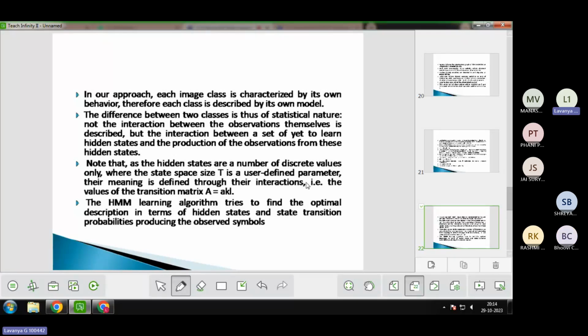It is a user-defined parameter and the meaning is defined through the interaction. The value of the transition matrix gives this interaction and that is given by A equal to A KL. That is what we saw, cloudy to cloudy, cloudy to rainy, like that, right? The HMM learning algorithm tries to find the optimal description in terms of hidden states and the state transition probabilities producing the observed symbols.